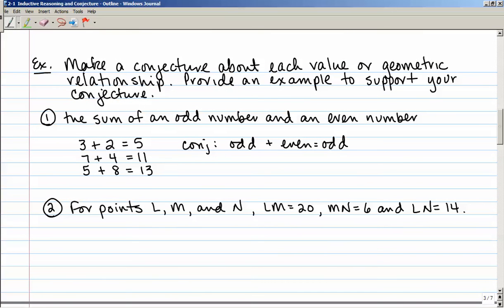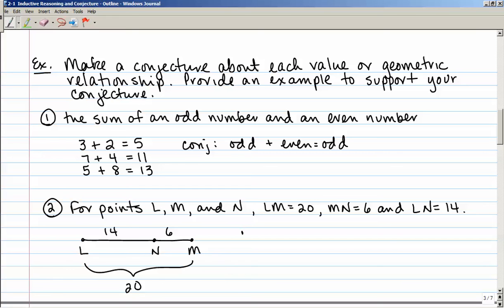Example 2, for points L, M, and N, LM is 20, MN is 6, and LN is 14. So I have points L, M, and N, and the total distance from L to M is 20. Okay, but it says from M to N is 6, and from L to N is 14.